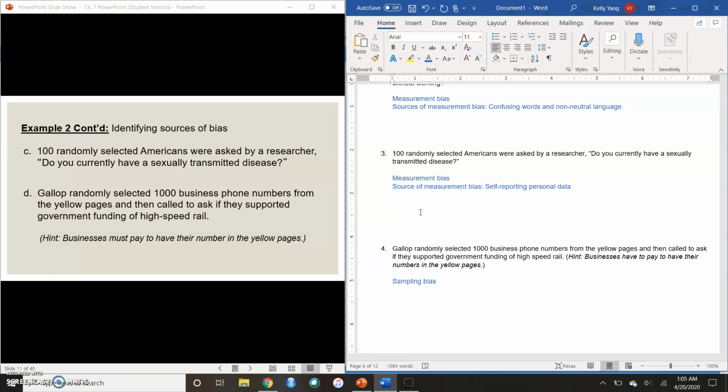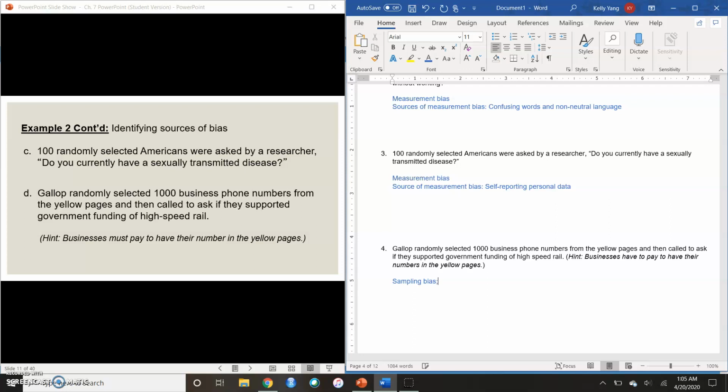The reason it's sampling bias is because the numbers that show up in the Yellow Pages depend on the business. The business must be able to pay to have their phone numbers in the Yellow Pages. A lot of the smaller companies may not be able to afford that, and so it's usually larger companies that are able to do that. So there is sampling bias.